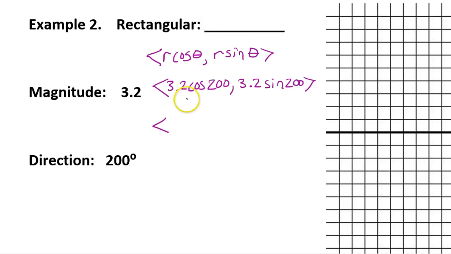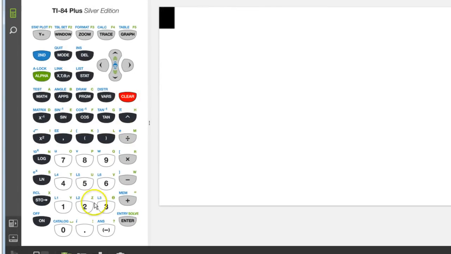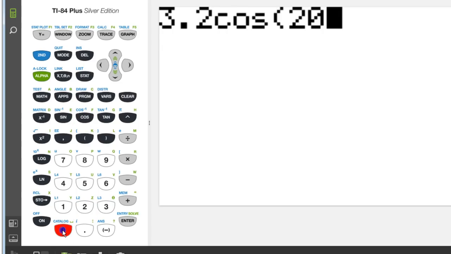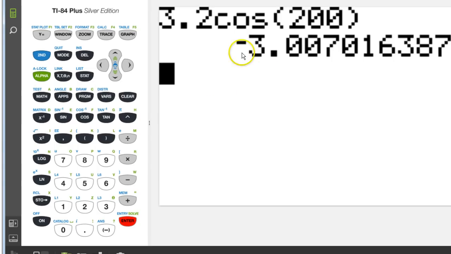So get ready. Let's see, 3.2 cosine 200. Boom. That's negative 3.0. I'm going to go ahead and round this to one decimal place. So negative 3.0.